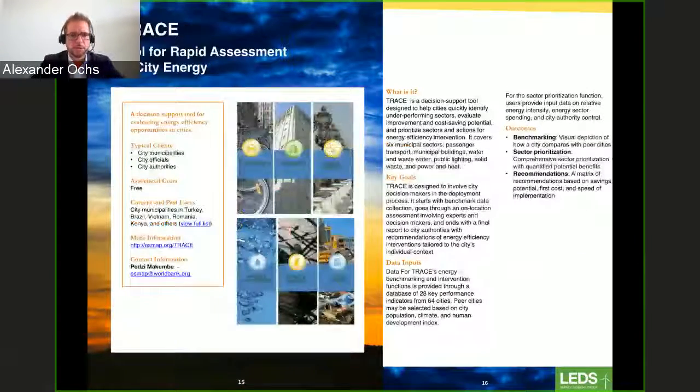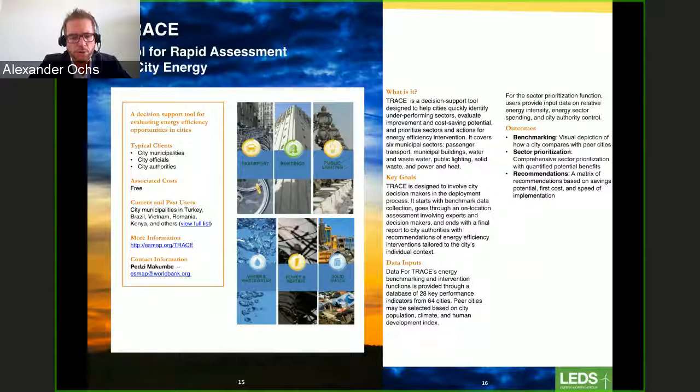A second tool that I want to tell you about is a tool called TRACE. TRACE stands for Tool for Rapid Assessment of City Energy. TRACE is a tool that is designed specifically for cities.